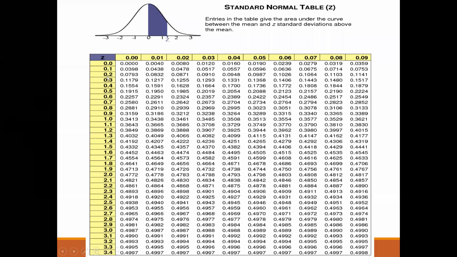Under z, you come to 1.6 here, and under the columns, move to the 7th column where we have 0.07. The probability value for z equal to 1.67 is given here, that is 0.4525.